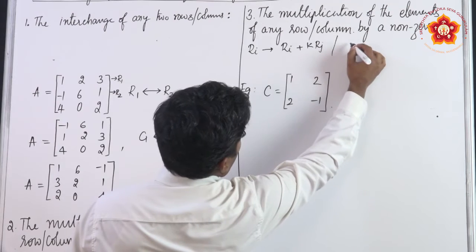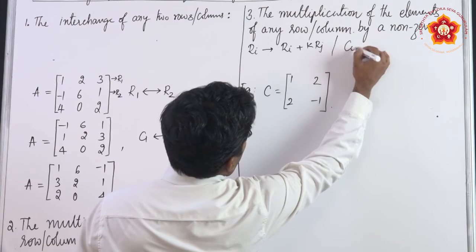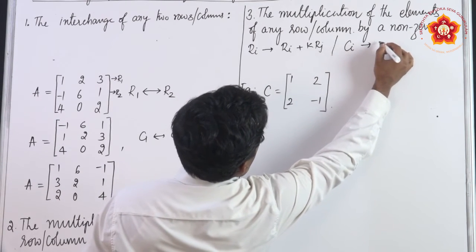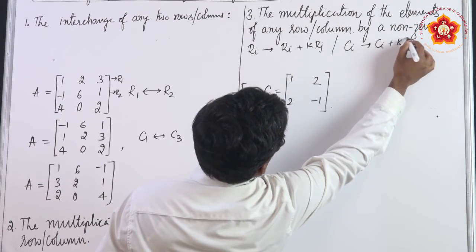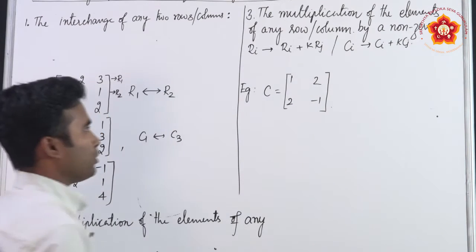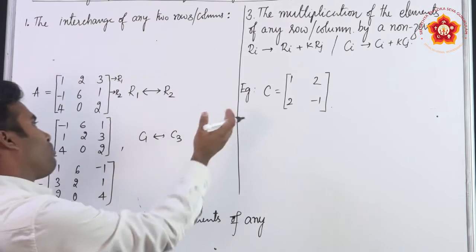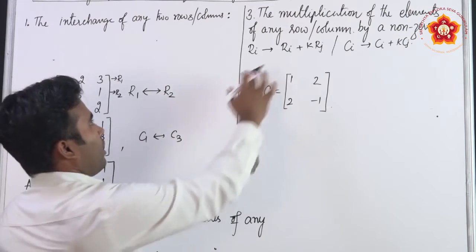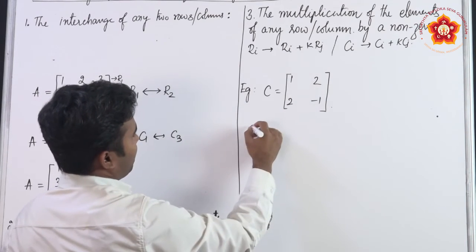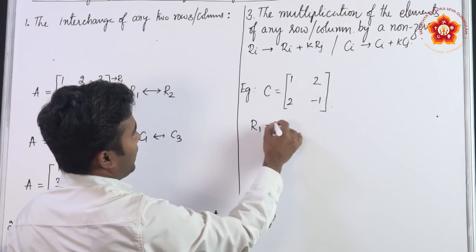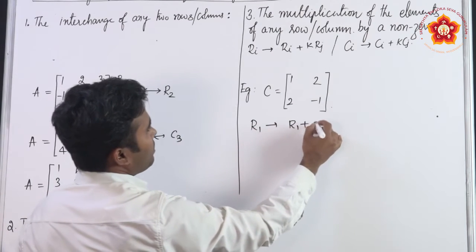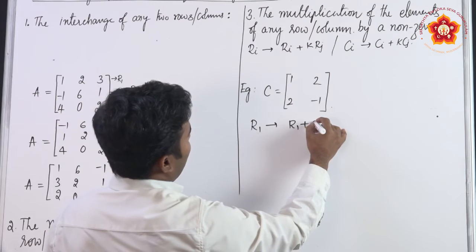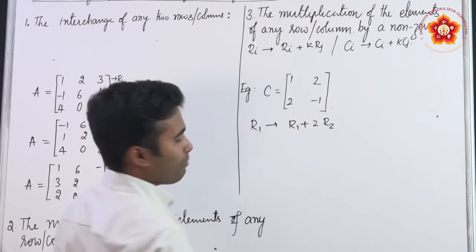Similarly, we can do it for a column as well, that is Ci becomes Ci plus k times Cj. That is how we are going to do it. For example, here we have a matrix, and I can apply an operation for this, say R1 becomes R1 plus 2 times R2.